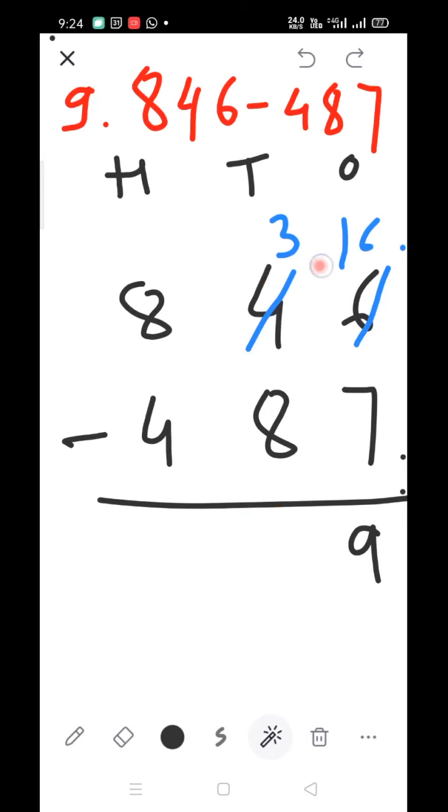Now tens place subtraction. 3 minus 8. As you know, 3 is smaller than 8, so we cannot subtract it.